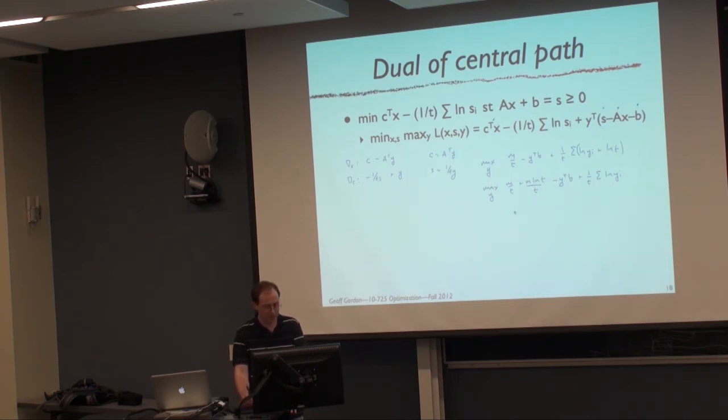And then that's going to be subject to the constraint that A transpose y is equal to c. Okay? And implicitly, y is greater than or equal to 0 because of this log here. Okay? So here, these constants don't matter to the optimum, so typically people drop them, but it's good to know what they are, right?